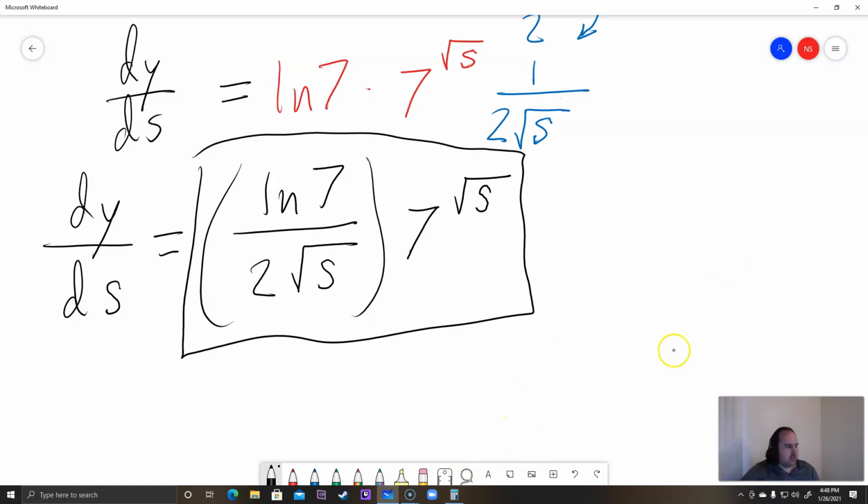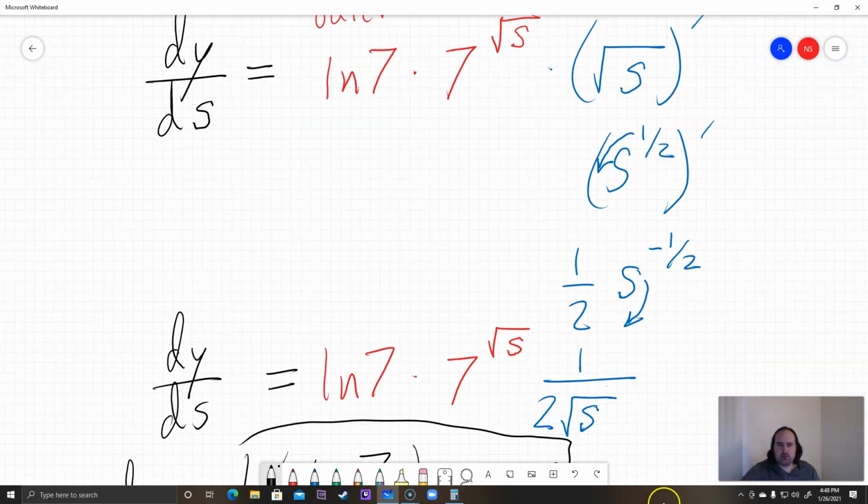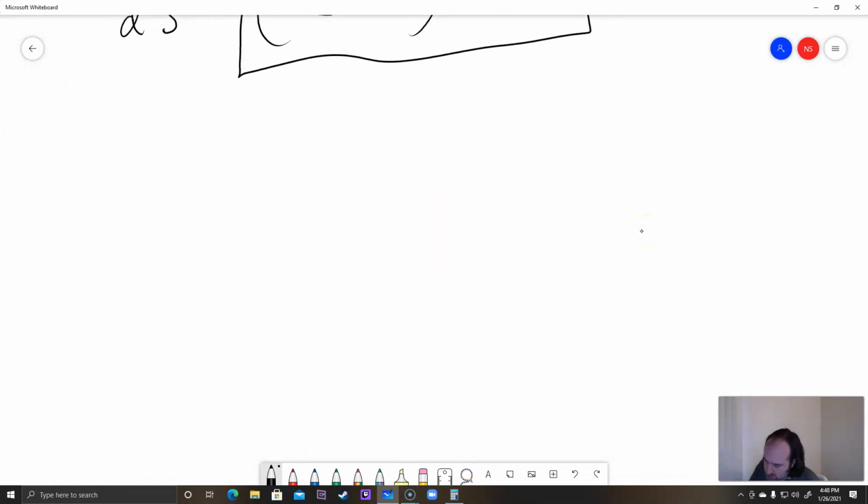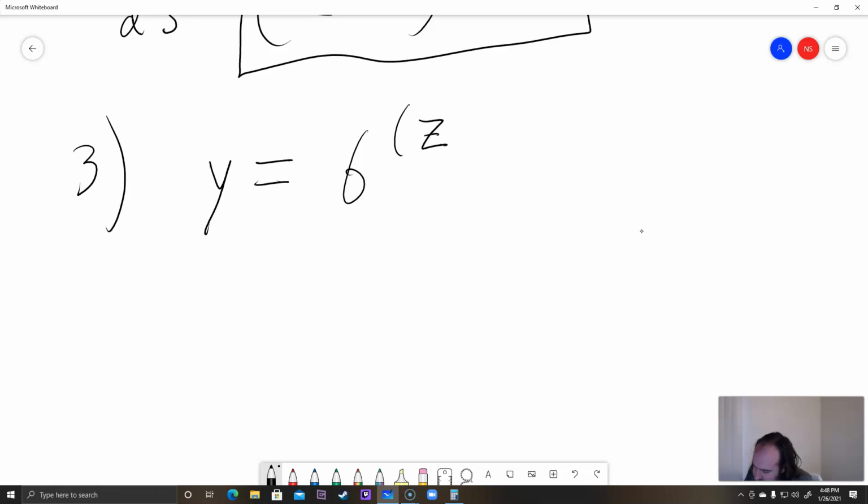Okay, just a couple more examples. Example number 3. We want to find the derivative of y equals 6 to the z to the 6th.